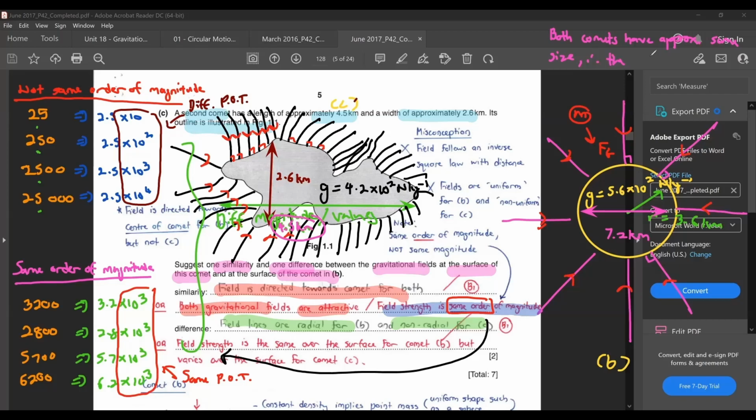Therefore, their mass is about the same, comparable to each other.